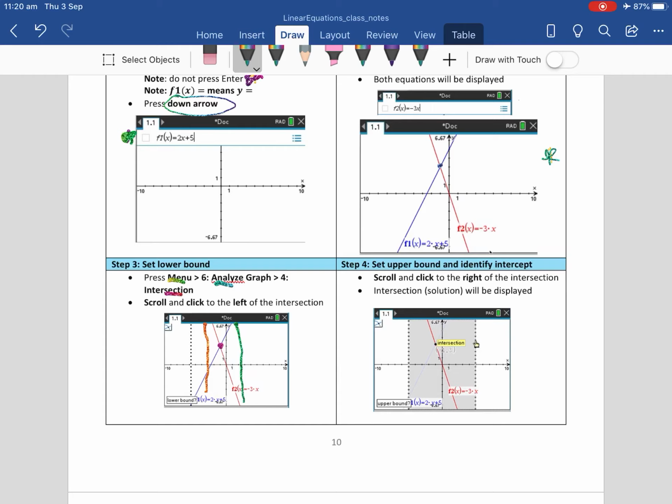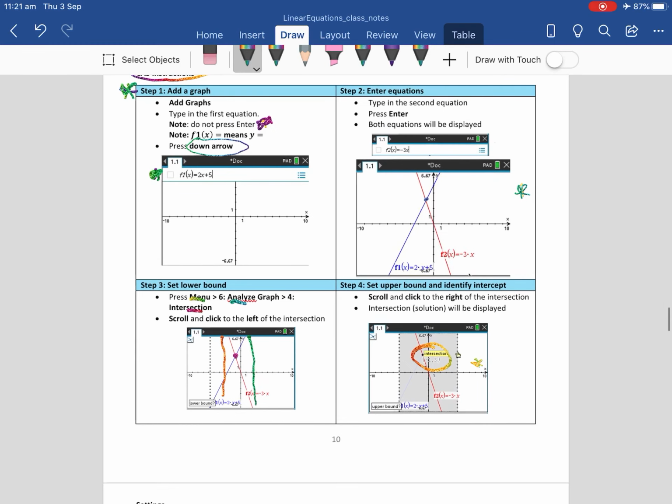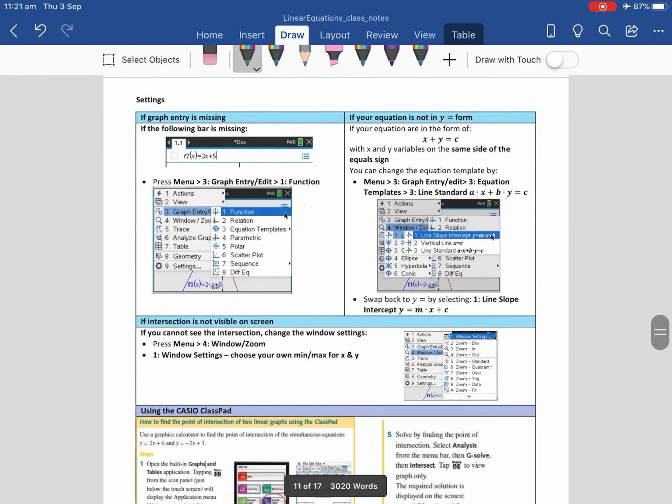When you do that, in this example, it comes up with the intersection here, which you can see in the little brackets, it's negative 1, 3. Okay, so that's how you can do it graphically on your calculator.